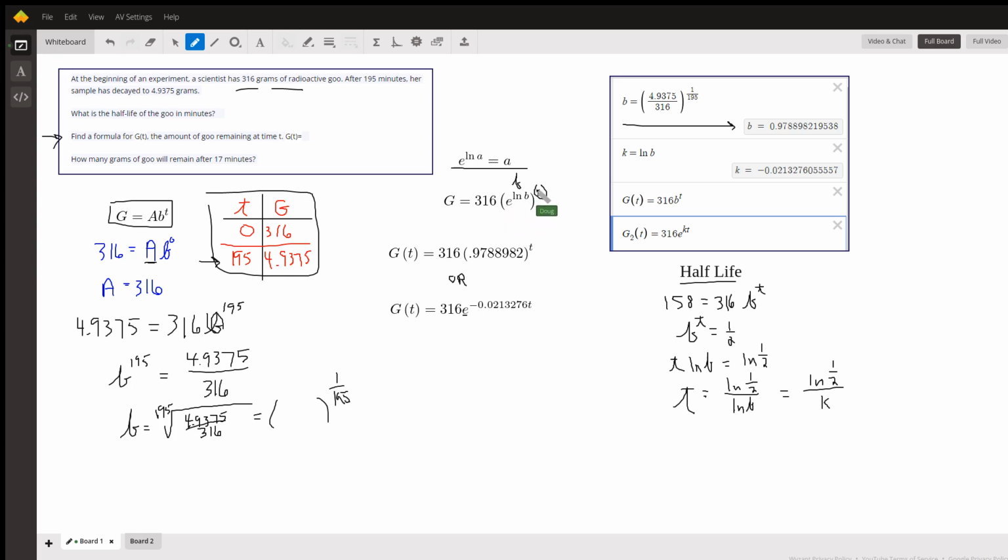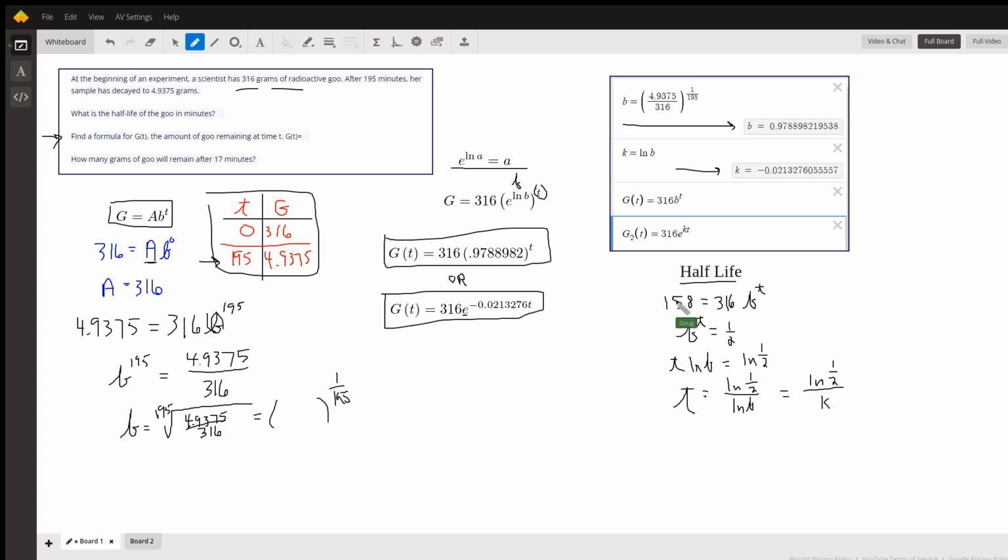You can picture multiplying, power of a power, e to the t times ln of b. And there is ln of b right there. We usually use the letter k. So if k is negative 0.02137, there's another way to write g. Okay, so either of these, depending on what base you want to use.